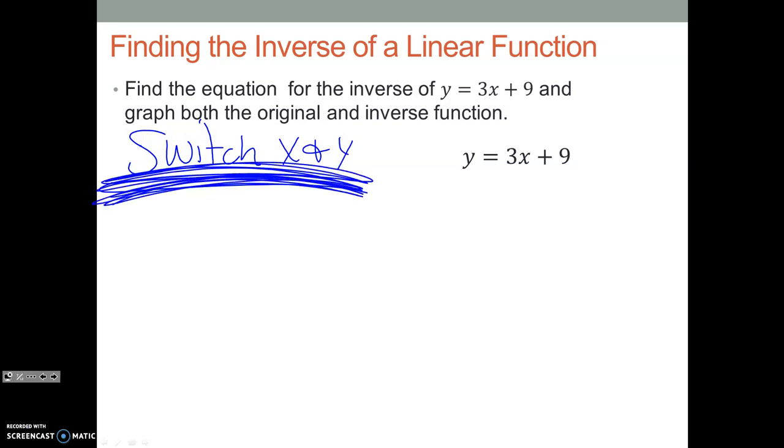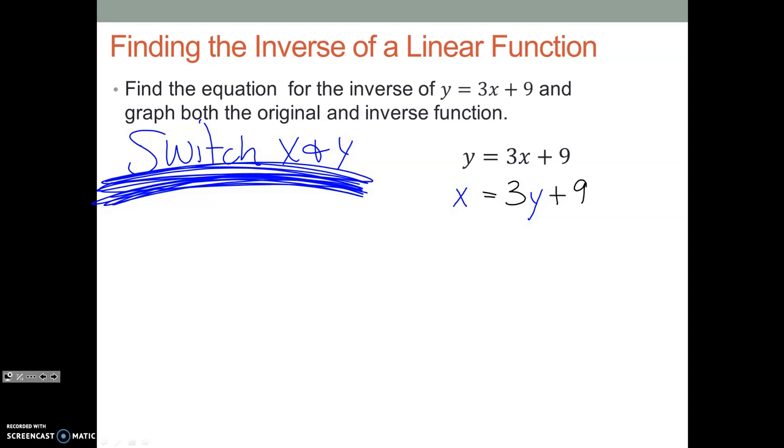Switch x and y. Okay, so first step, I have y equals 3x plus 9. I'm going to switch my x and y. So I will have x equals 3y plus 9. Now what do you think I can do?